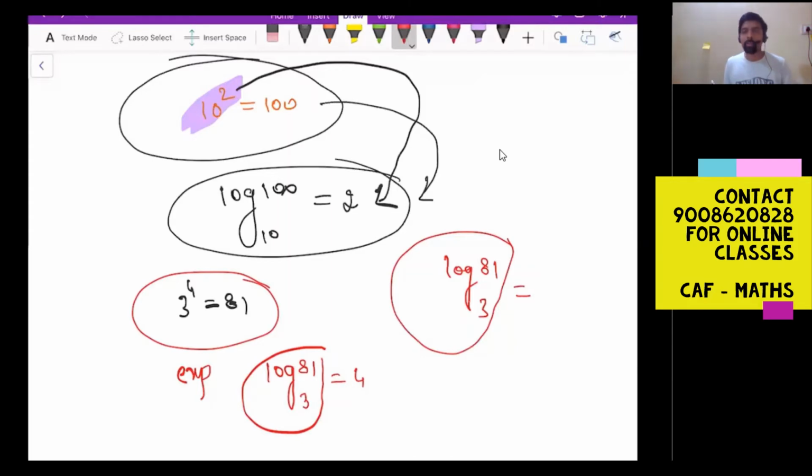If you write 3 to the power 1, you will get 3 only, correct? 3 to the power 2 gives 9, 3 to the power 3 is 27, and 3 to the power 4 is 81, right? If the exponent is 4, you will get 81. So the log 81 value is 4.